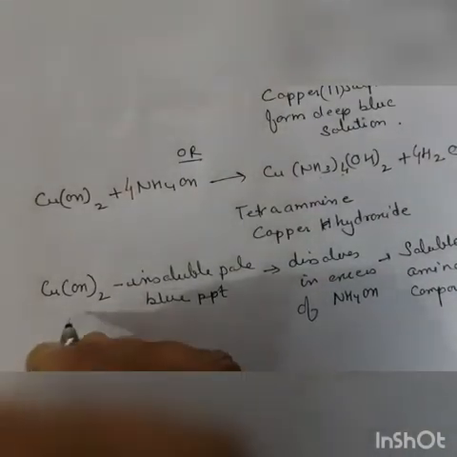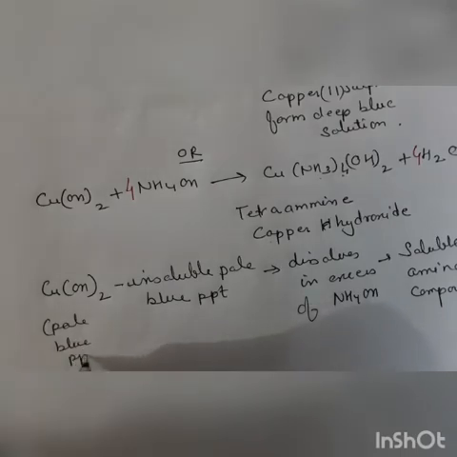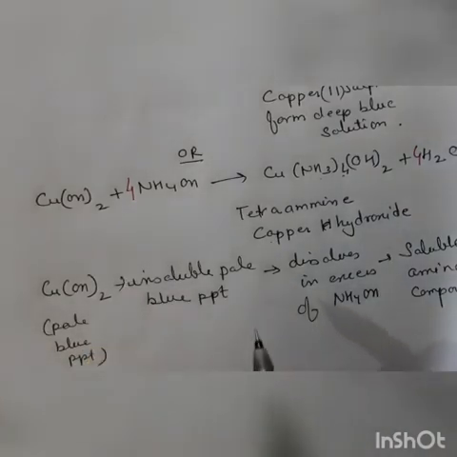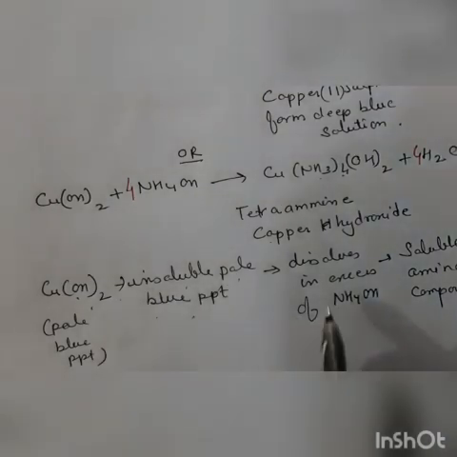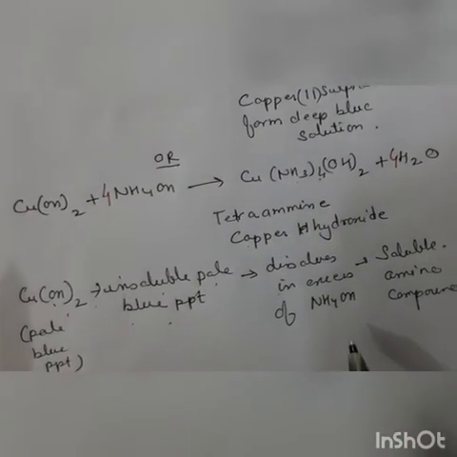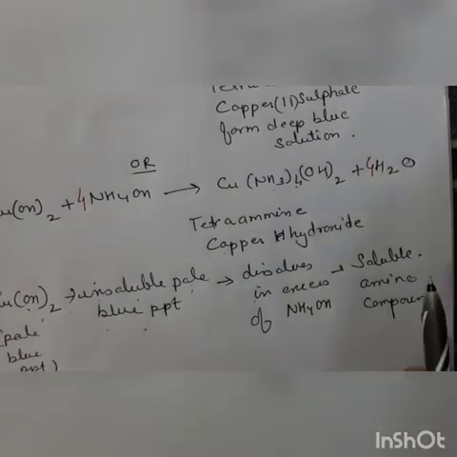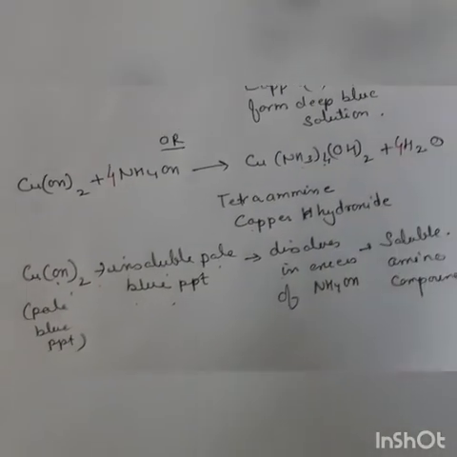This copper hydroxide is pale blue PPT, insoluble, dissolved in excess of ammonium hydroxide due to the formation of soluble amino compound.